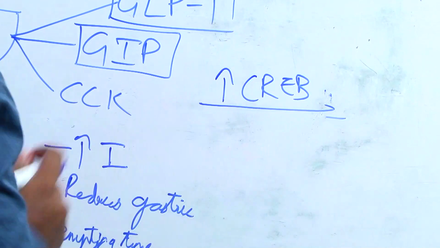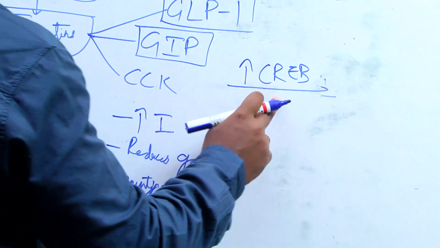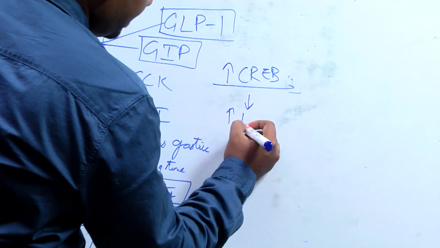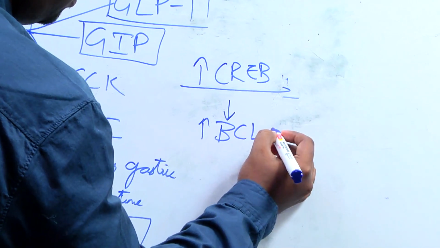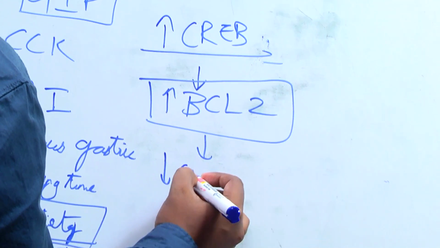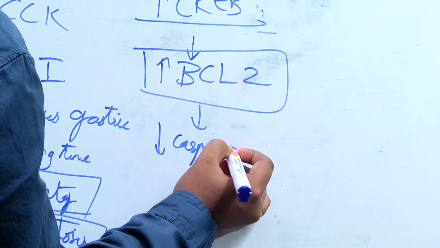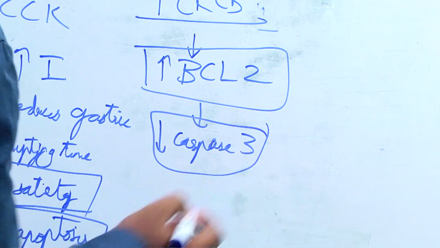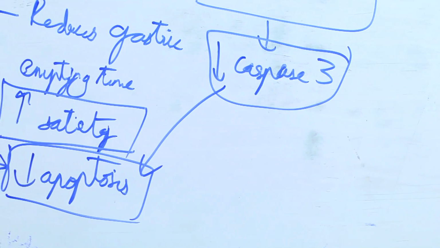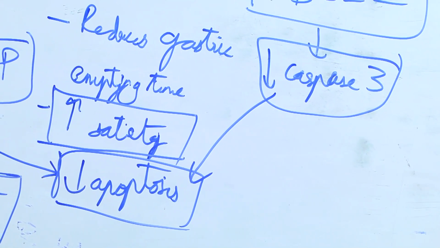So this will lead to increase in BCL2. So this will lead to decrease in the function of caspase 3, and ultimately there will be reduction in apoptosis, and there will also be decrease in the oxidative stress.